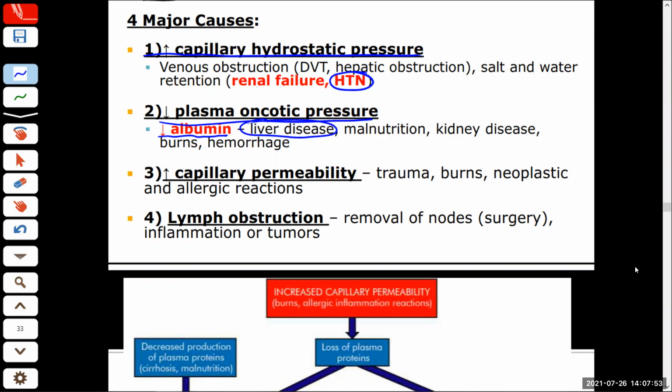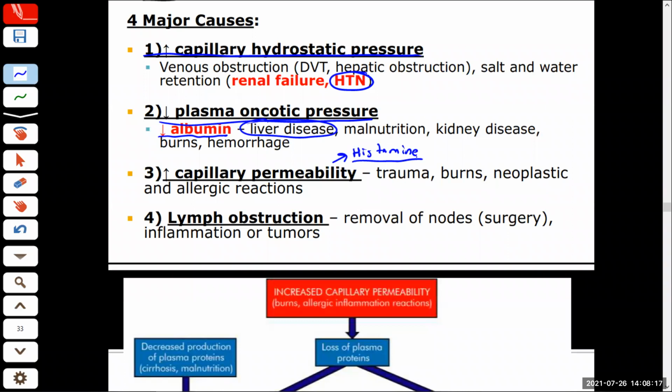What is increased capillary permeability? What caused that? Histamine. So if I release histamine, let's just say on the back of my hand, what's going to happen to the back of my hand? It's going to swell. We call that edema. Why? More water is leaking out of the capillary.